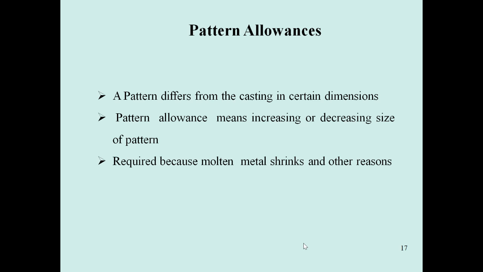It is required because molten metal shrinks, and for other reasons. Why may the pattern size increase or decrease? Due to molten metal shrinkage and other reasons. Next, we can see the types of pattern allowances.